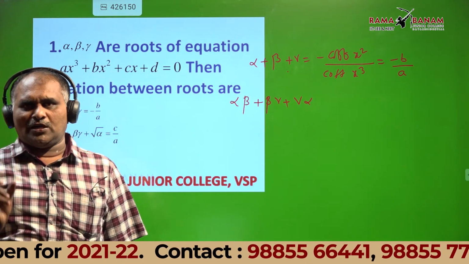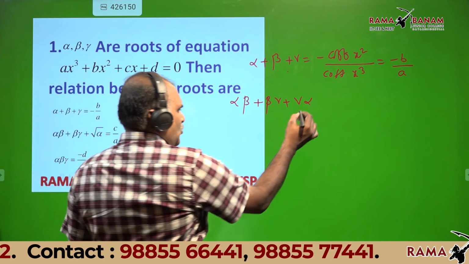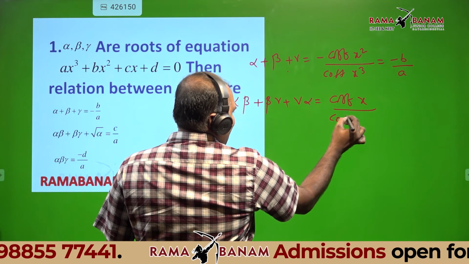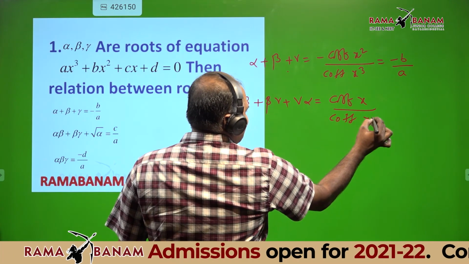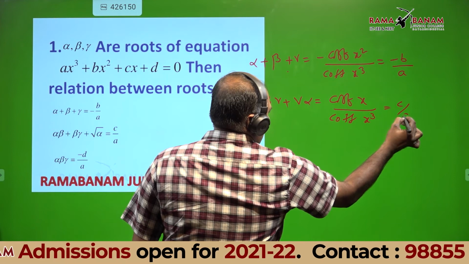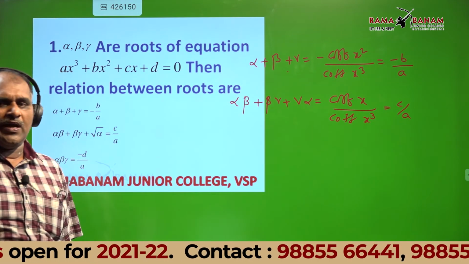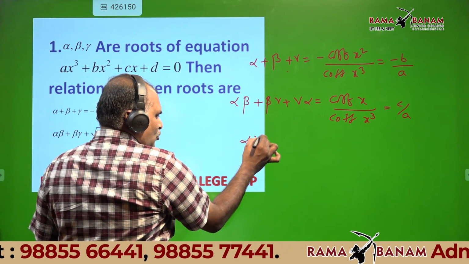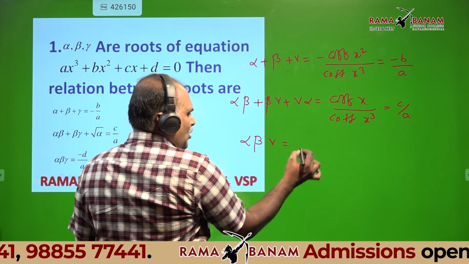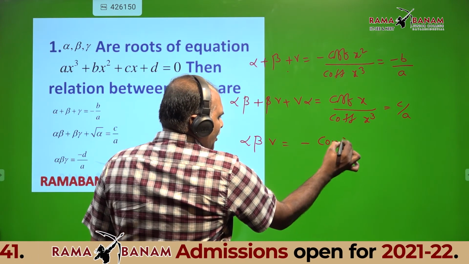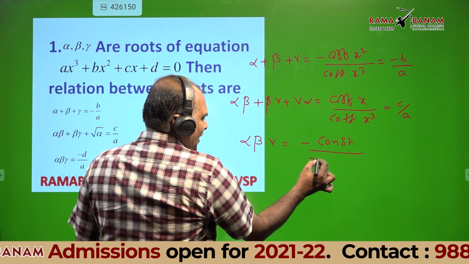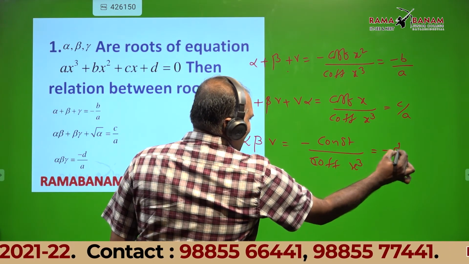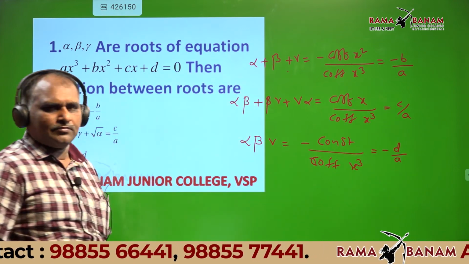These are multiplied and summed, equal to the coefficient of x divided by the coefficient of x cube, which is c by a. And the product of the 3 roots is equal to minus the constant term divided by the coefficient of x cube, that is minus d by a.